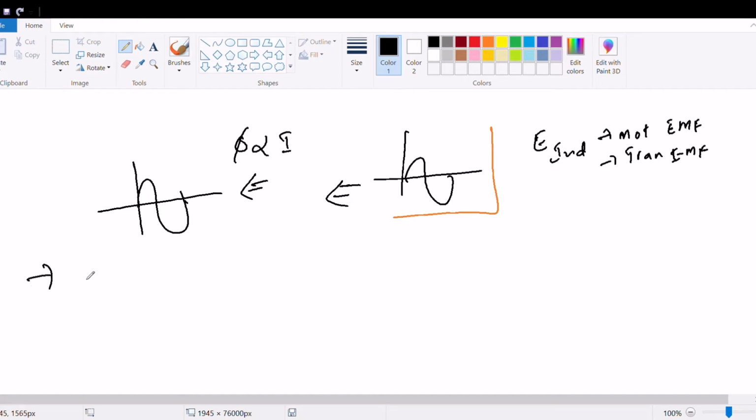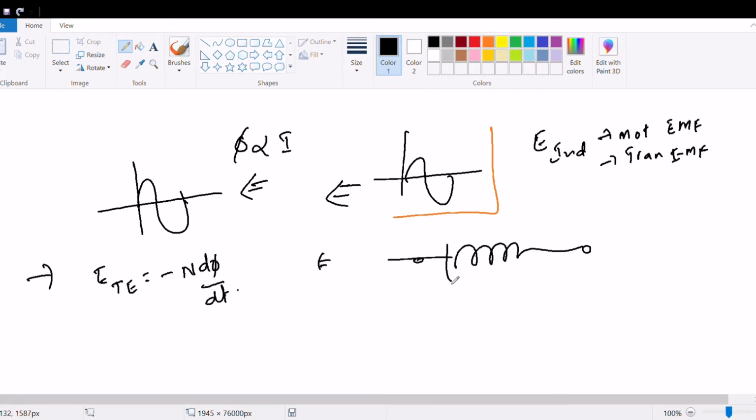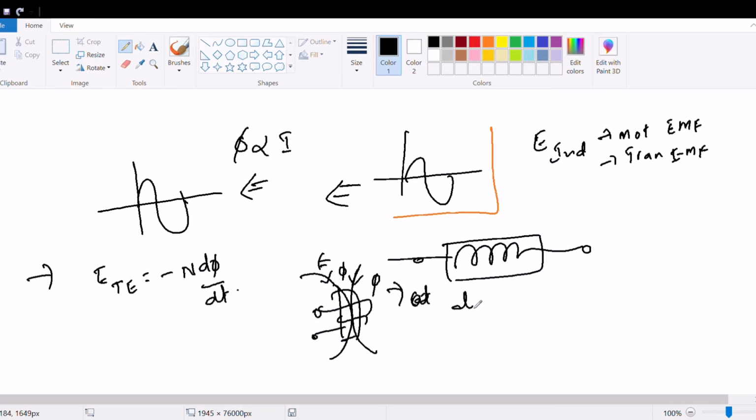Considering the transformer EMF first, EMF is minus N d phi by dt. This means that when you have a conductor wound on an iron core and the flux through it is alternating, it can induce an EMF across the conductor.